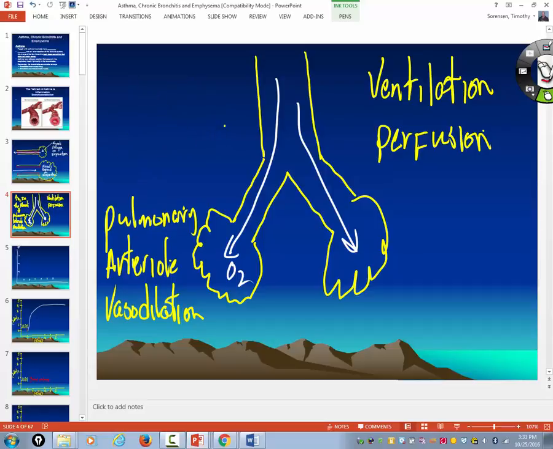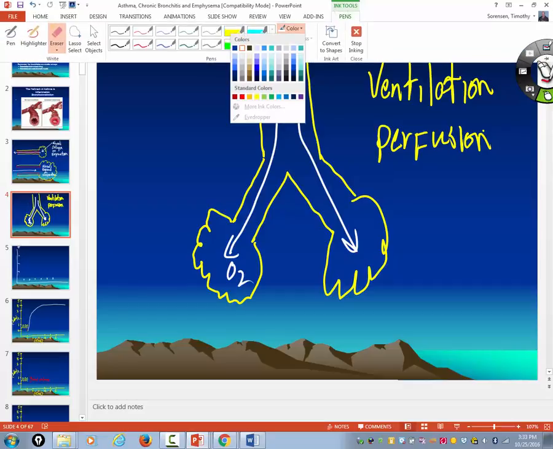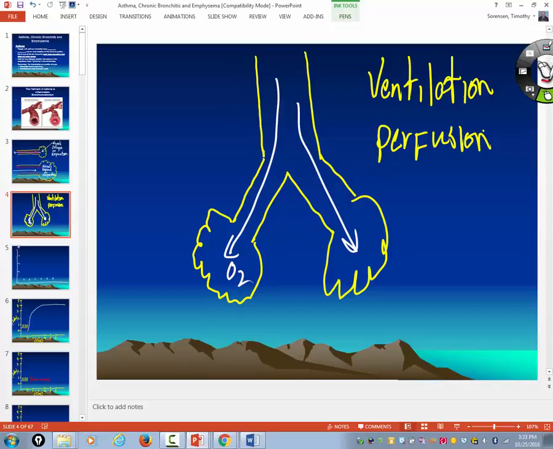the mechanism for the pulmonary arterial vasodilation is different in the pulmonary vessels than in the systemic vessels, because we know that high levels of oxygen will actually cause constriction in the systemic circulation. And it has to do with the enzyme that's involved in releasing calcium.